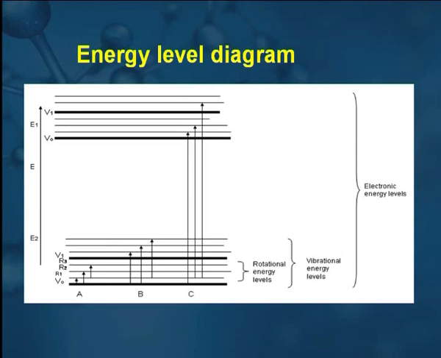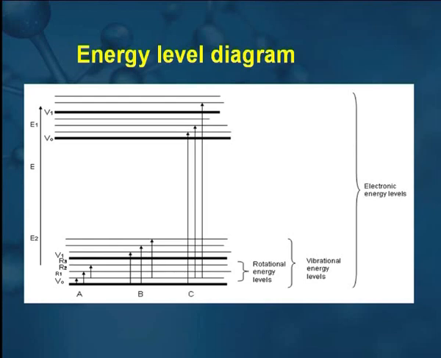So rotational levels are in between the vibrational levels, and vibrational levels are in between the electronic energy levels, and all of these participate in the electronic transition in the absorption. Here we are talking about vibrational-rotational absorption.